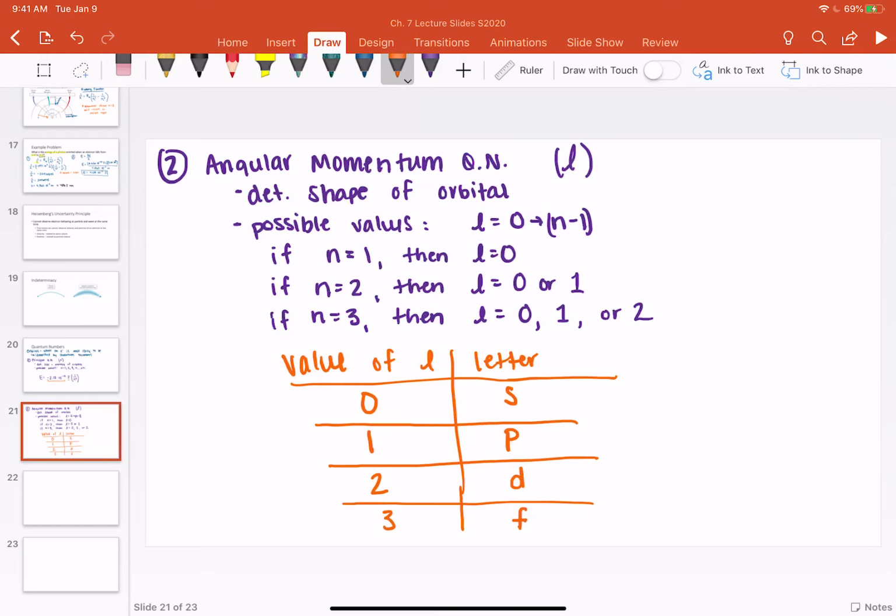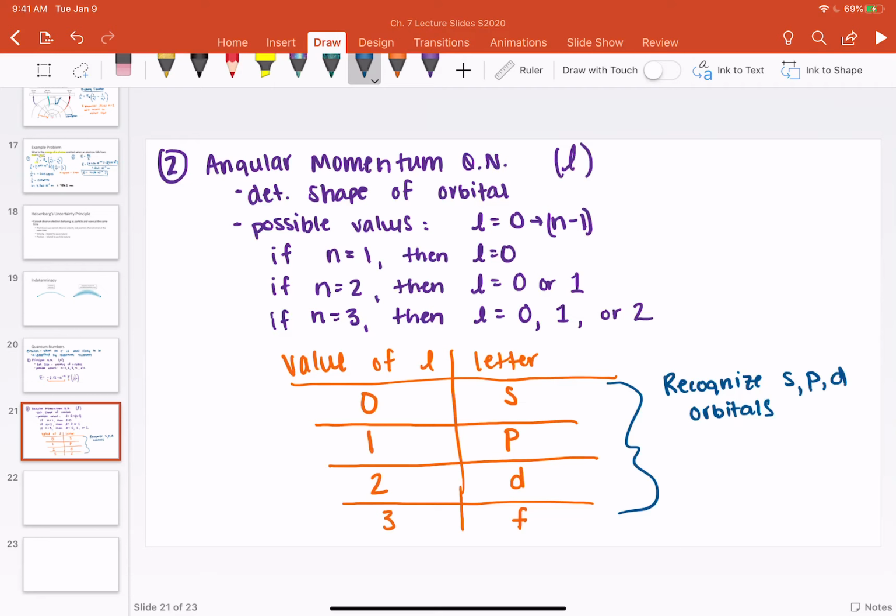And there are other shapes of orbitals. We're just not going to go any further than f orbitals in this class. So make sure that you go to your textbook, and it has really great diagrams of all of those shapes, and you're going to want to be able to recognize s, p, and d orbitals for this class.